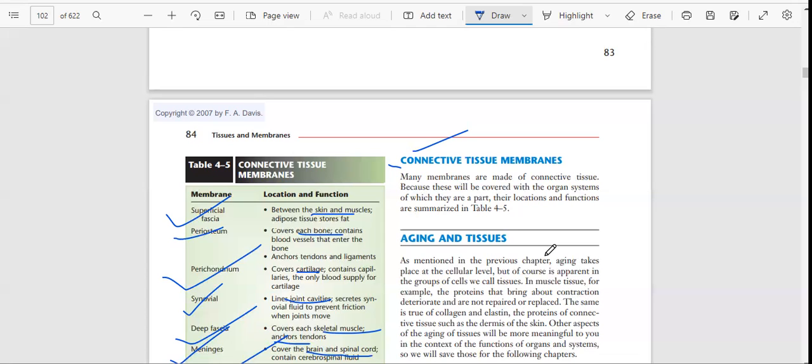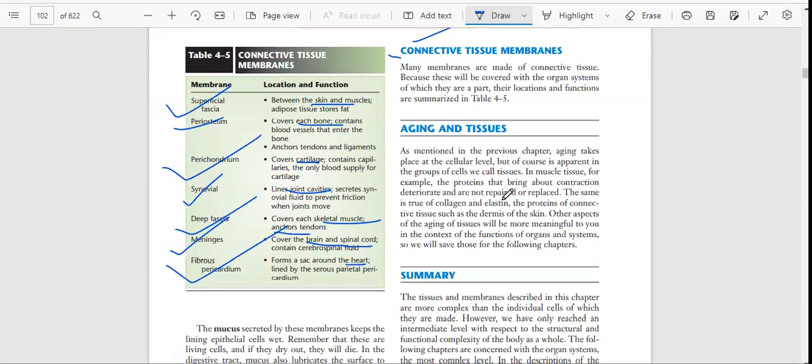Basically, every body tissue needs a proper diet, proper vitamins, proper minerals, whatever is necessary for its function. Okay, this is the basic thing for aging, for working, for good tissue structural or functional work.